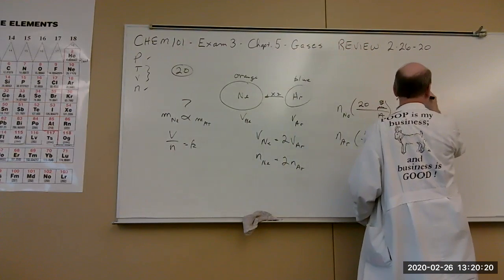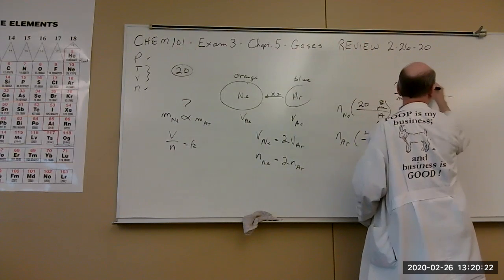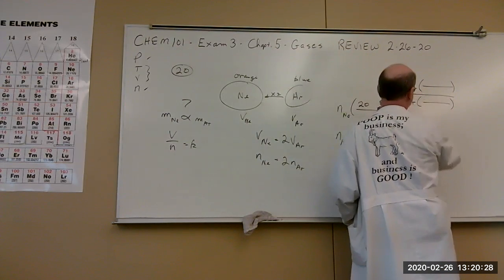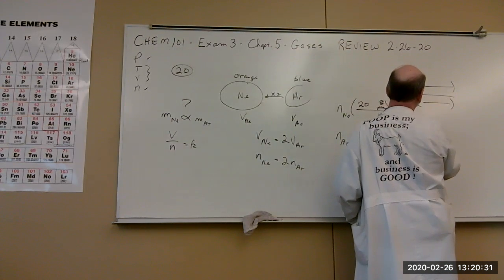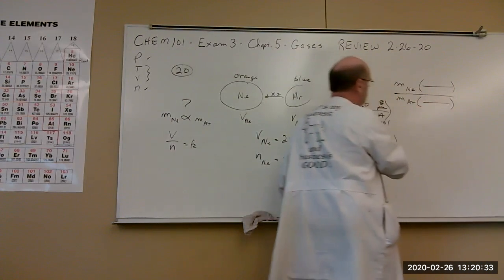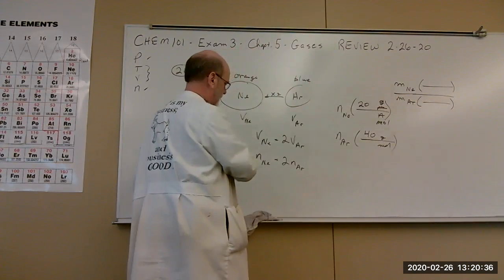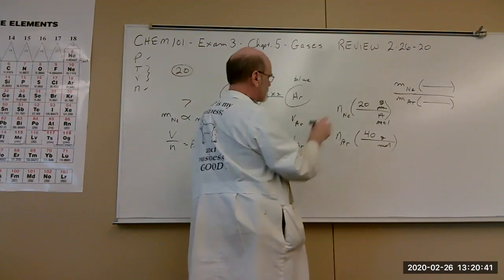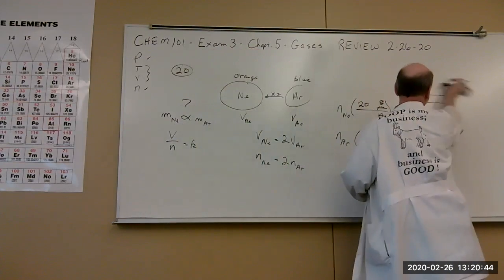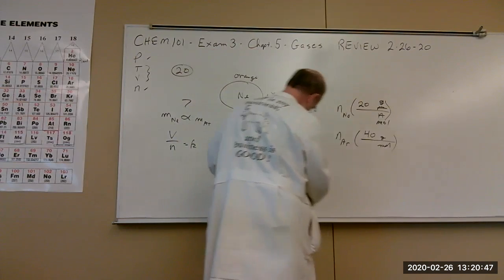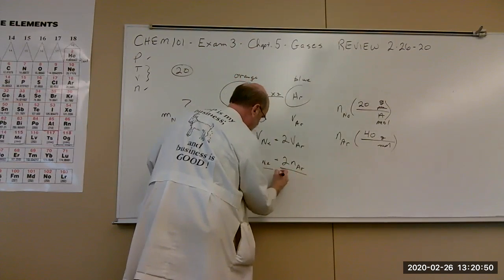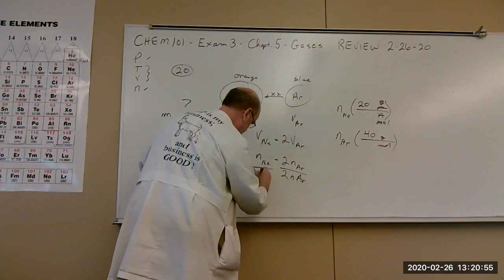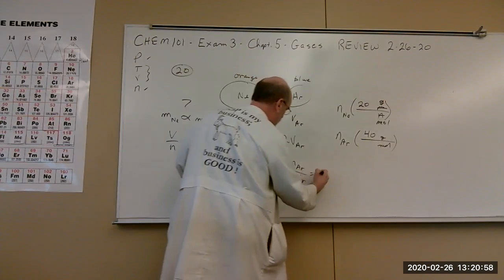So to convert those, let's do it a different direction. We want neon on top, argon on the bottom. So if we divide both sides like that, now we've equal 1.